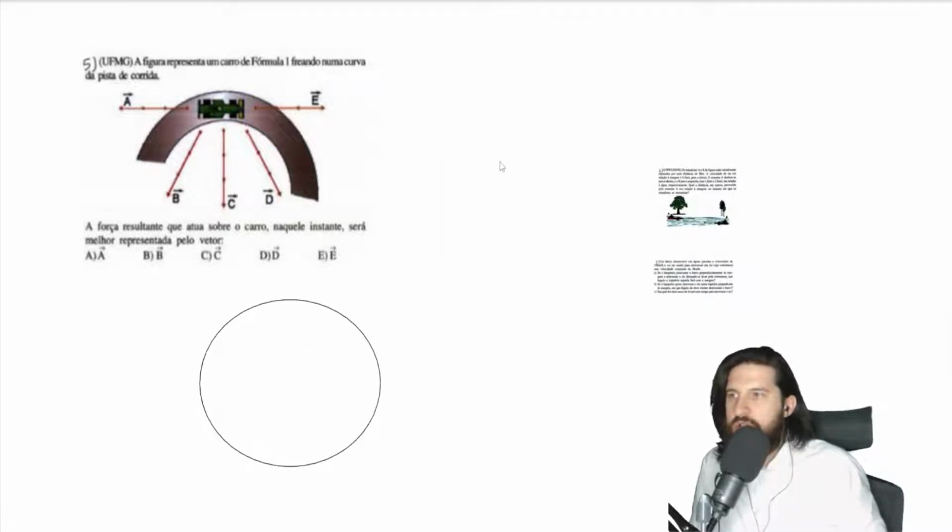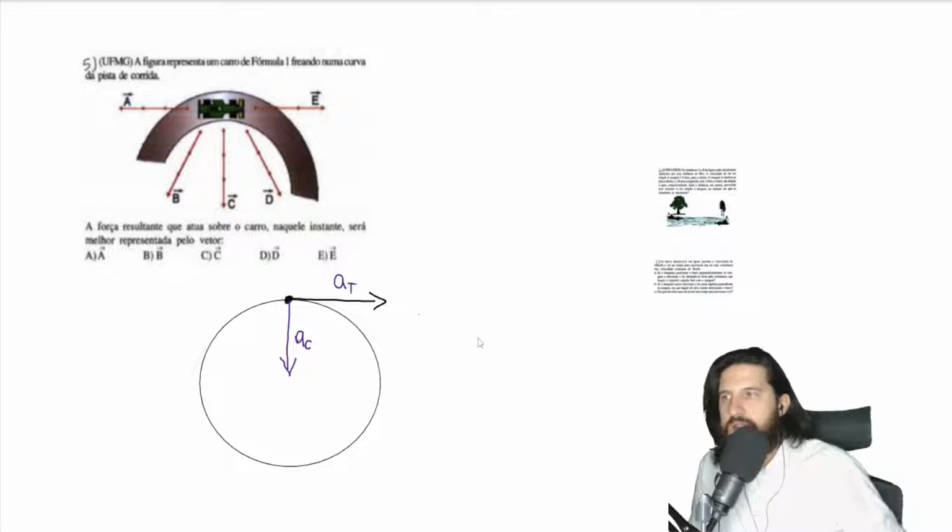Remember that last time we had that circular spot where we were going to ask about two types of acceleration, right? So that is our tangential acceleration, and that is our circular acceleration, right? So this is the AT.